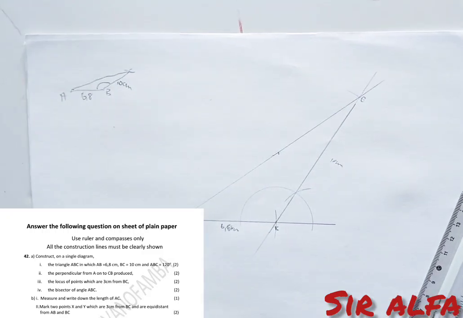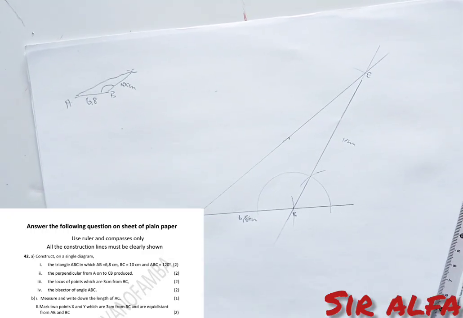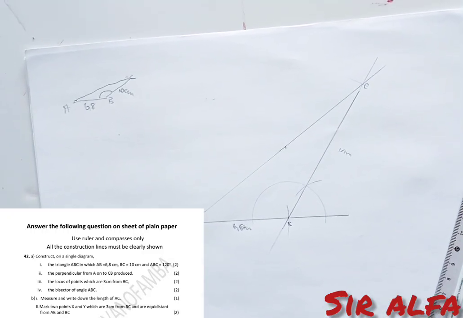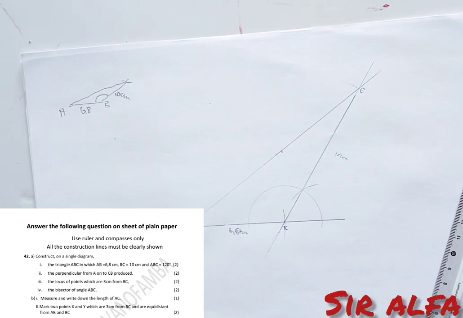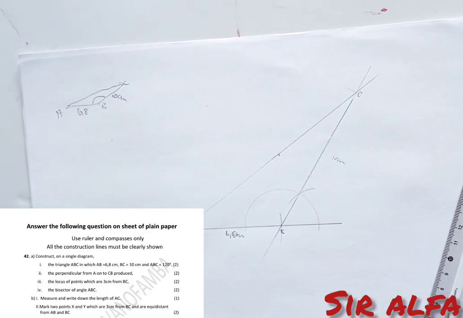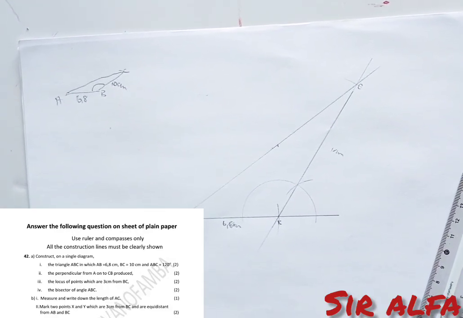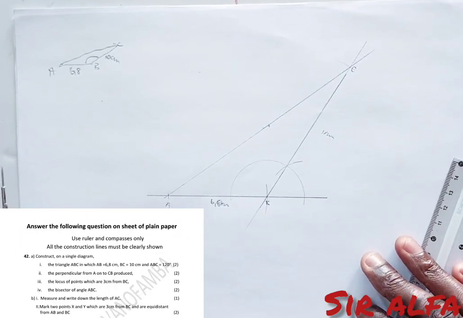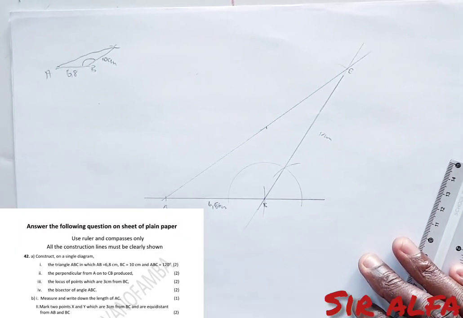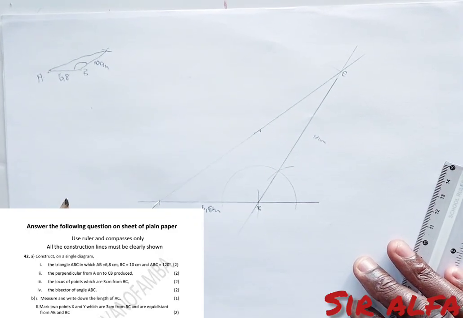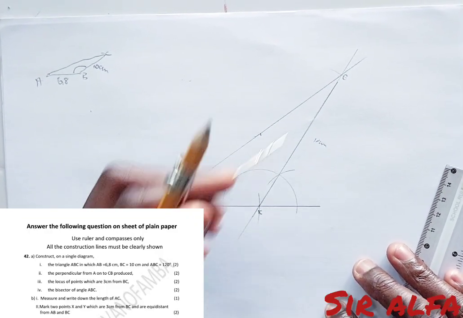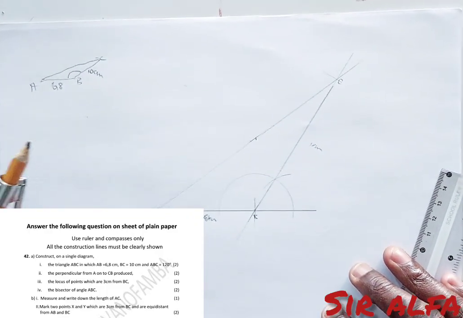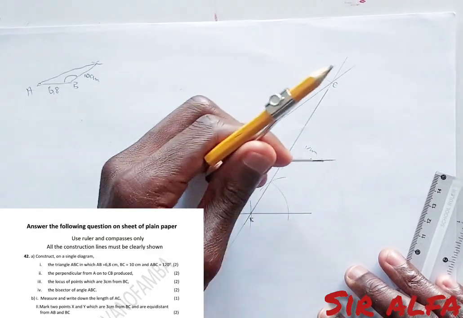Then, after constructing this triangle, I want to construct a perpendicular bisector from A, sorry, on a point AC produced to CB. So I want to produce a locus, sorry, a perpendicular bisector of A, this A, produced to BC. Which means it's also an angle bisection. I need to bisect this, producing to this side.